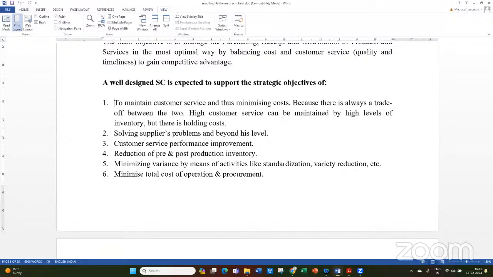There are many different companies. If you see, different products will be there, and different products will be given by different companies in different ways. How do you standardize? First you have to standardize and reduce the variety.